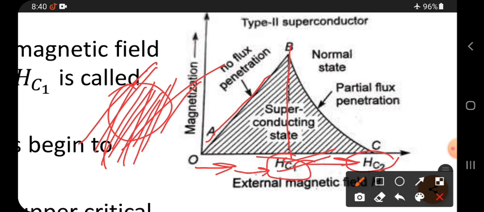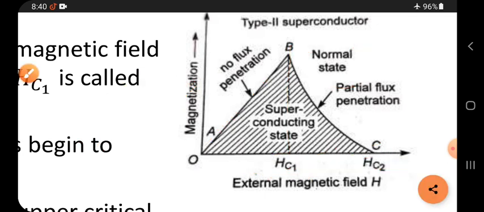Just beyond this value, the superconductor loses its property completely and is converted into the normal state. That is the diagram.